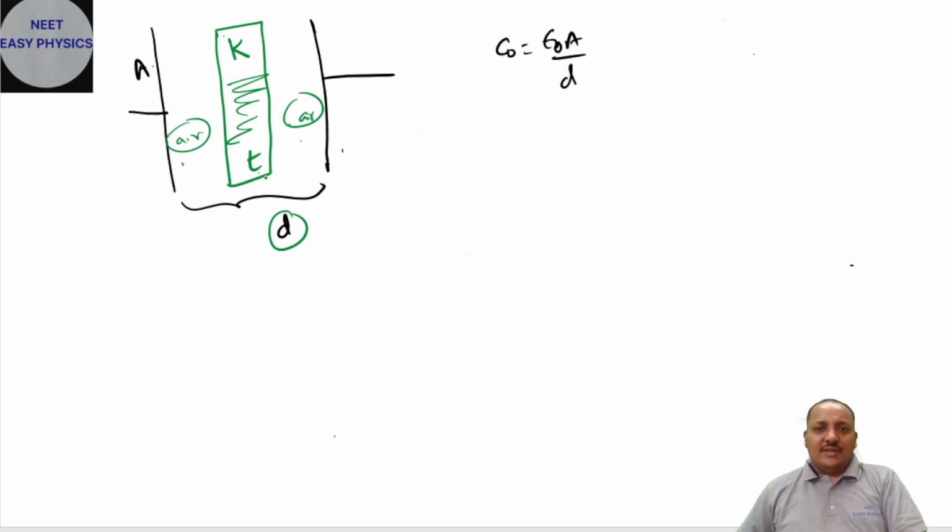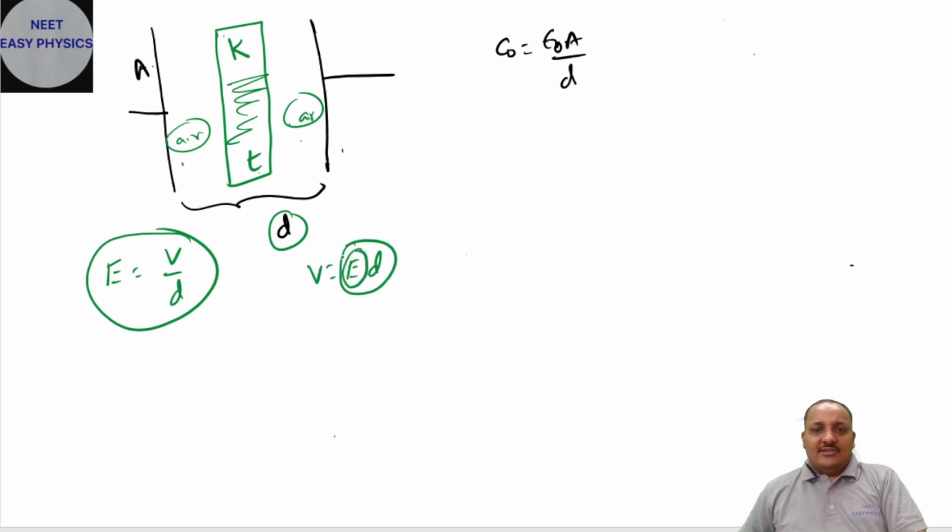So if you want to derive the formula, what is the E V d relation? E is equal to V by d. So V is equal to E d. Here, the electric field is occupying air and the electric field is occupying the medium. Therefore, total potential, actually derivation is not required for you. So E naught into the distance occupied by air, d minus t. If you observe the diagram, total distance minus thickness gives the air occupied, plus E in the medium.